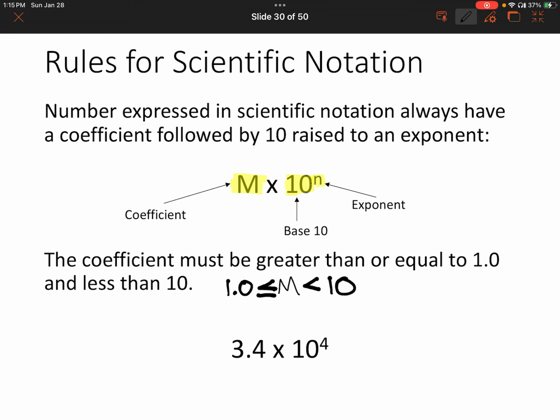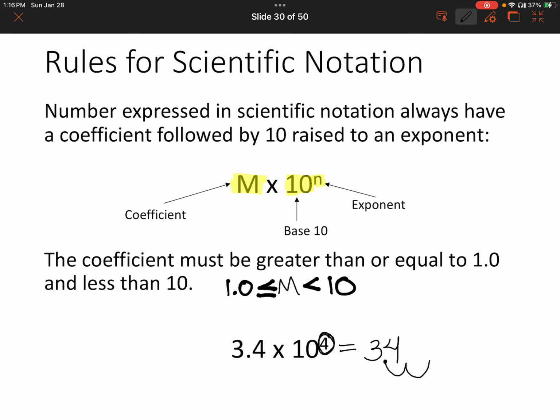So one example is shown down below. We have 3.4 times 10 to the fourth. So if we want to write this in standard notation, so just as a normal number, what I typically do is I write 3, 4, and then I move the decimal point over 4 positions, which is the exponent.